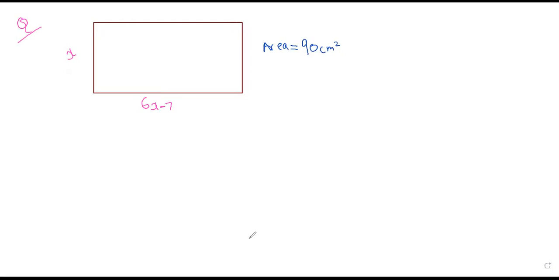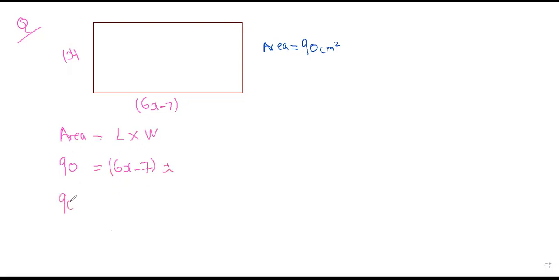Okay, now it is easy. This is your first length. This one is second length. We know that area of a rectangle is basically length multiplied by width. So what is area? Area is 90. You can think about the length as 6x minus 7 and the width as x. And now we are going to simplify this.